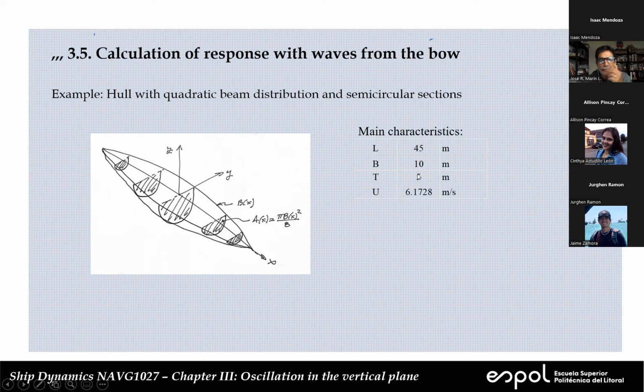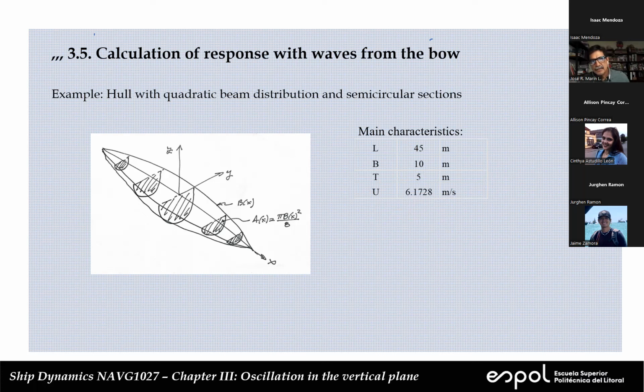Well, this should be beam to depth, but in this case, I'm just going to take this number here. And this is the velocity, in meters per second. Probably it's about 12 knots, right? So if I divide this by 0.51, I should get the velocity in knots.